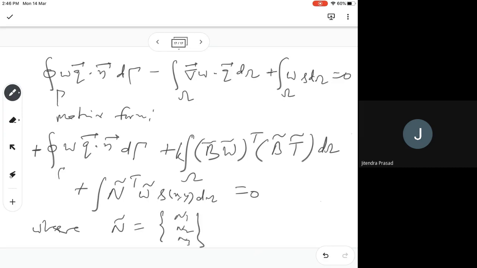So N transpose will be like this one, and this is W1, W2, W3, multiplied together.